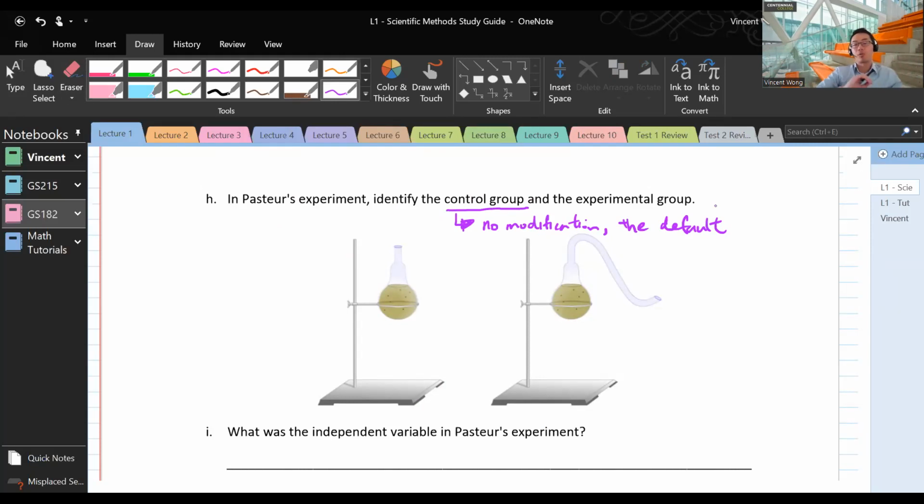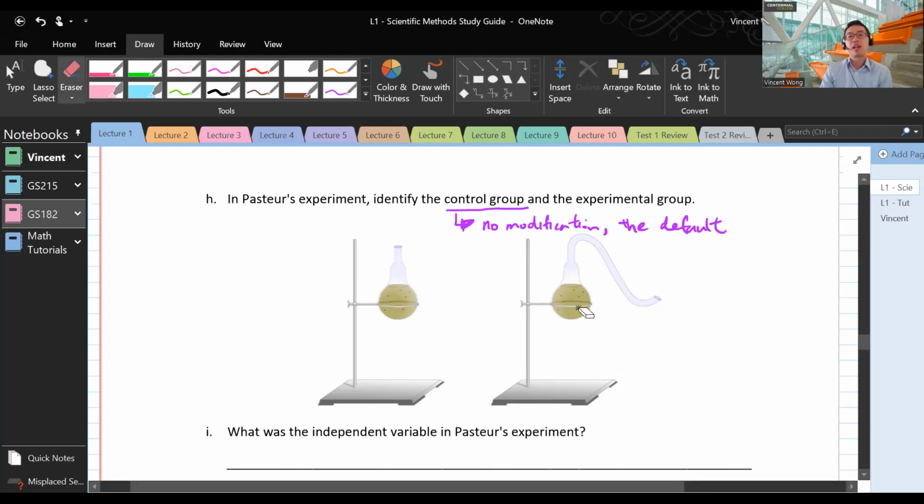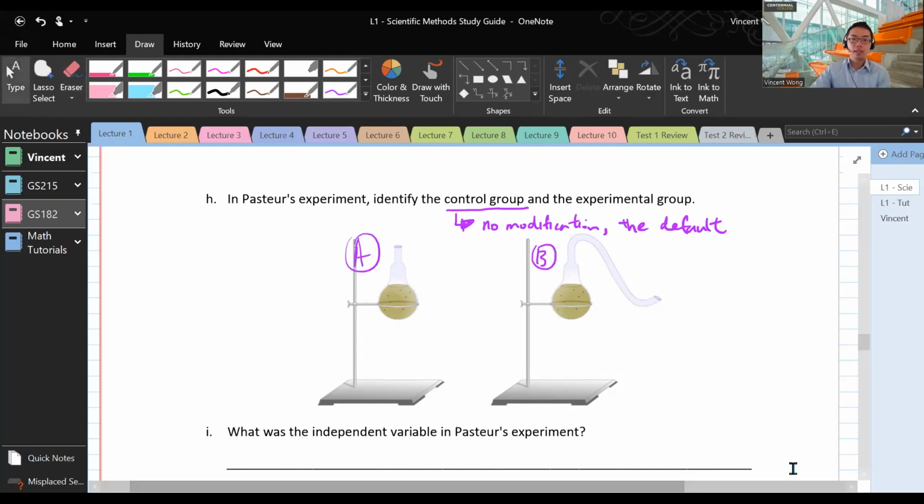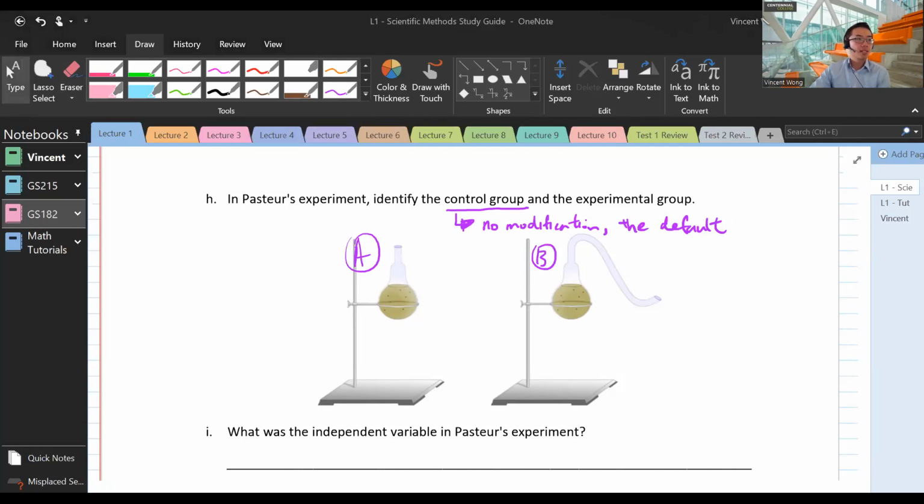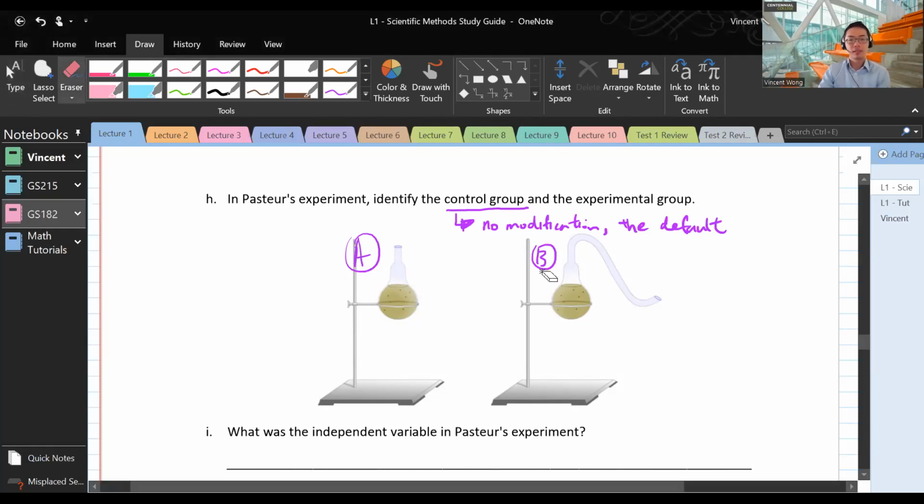That's the default with no treatment, no modifications. So between this flask and this flask, let's call this A and call this B. Which one is the control group? Let me launch a poll just to see if the class is with me. If you think the control group is A, then choose A. Otherwise, choose B.